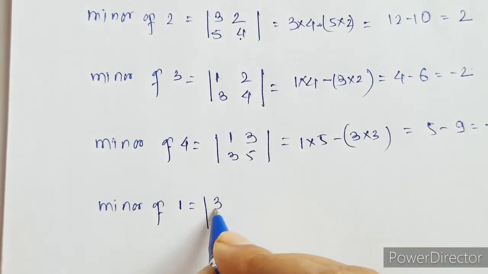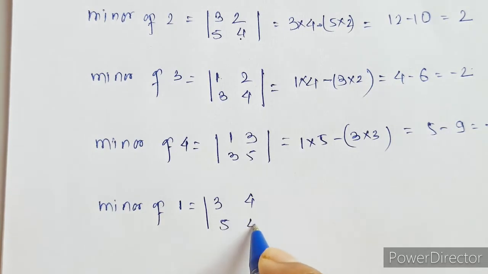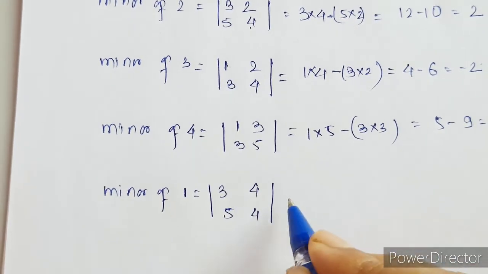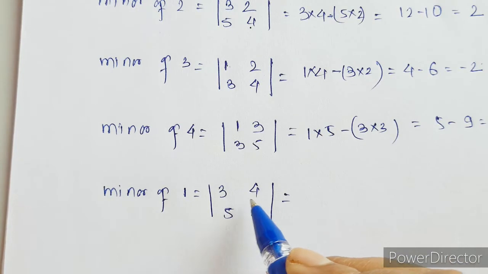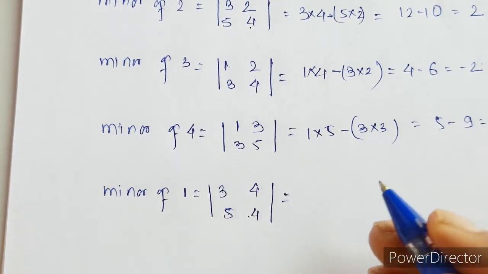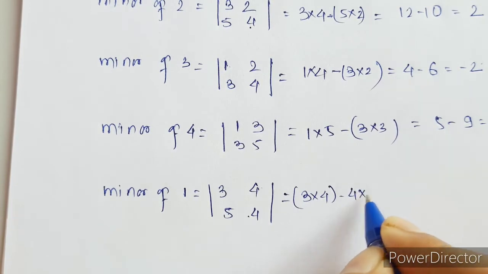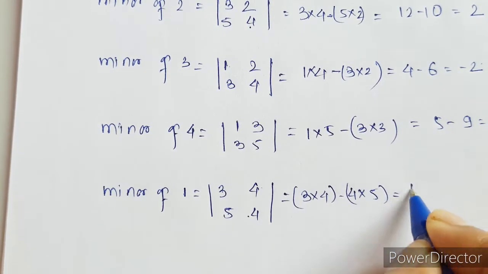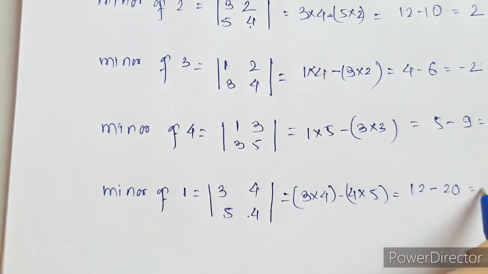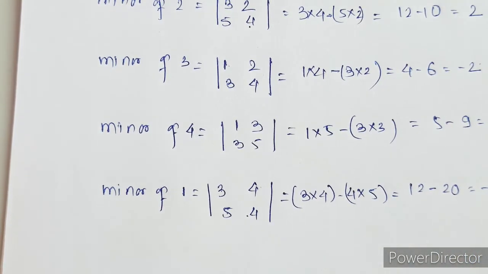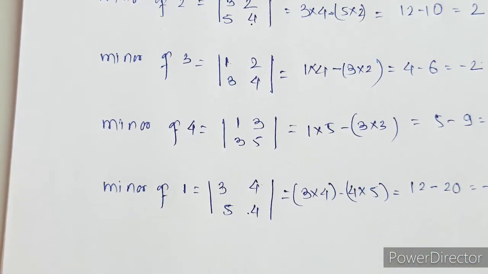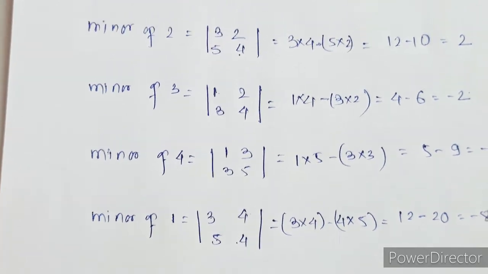Again same thing, 3 into 4 minus 5 into 4. So 12 minus 20, which equals minus 8. So minor of 1 is minus 8.